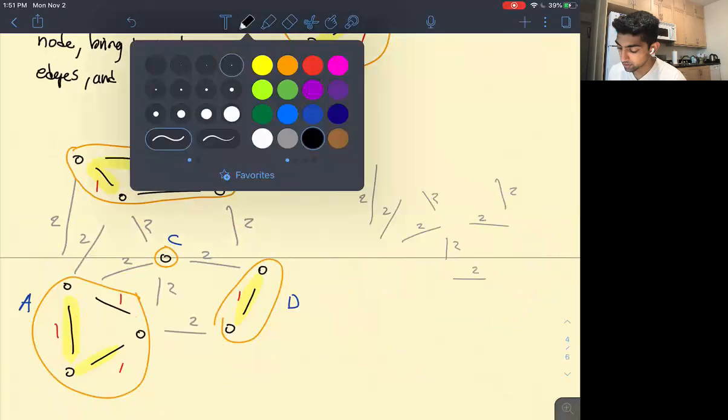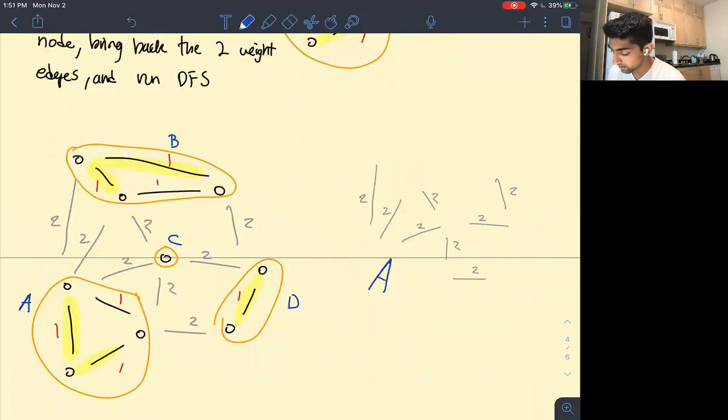Okay, we will have an A node, a B node, a C node, and a D node. Now we need to bring back the edges of weight 2. So what I'm going to do is iterate through all of the edges of weight 2, and we notice that there could be multiple connecting A and B together. So if there already is an edge connecting A and B, we don't need to redundantly add another one.